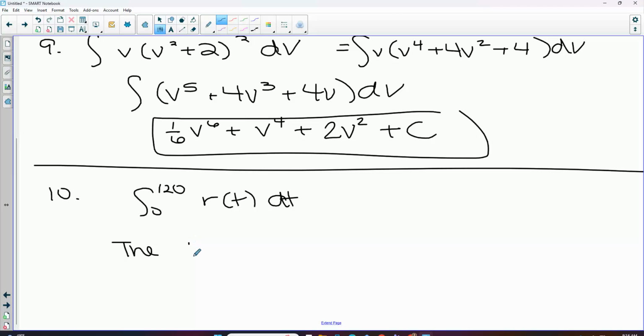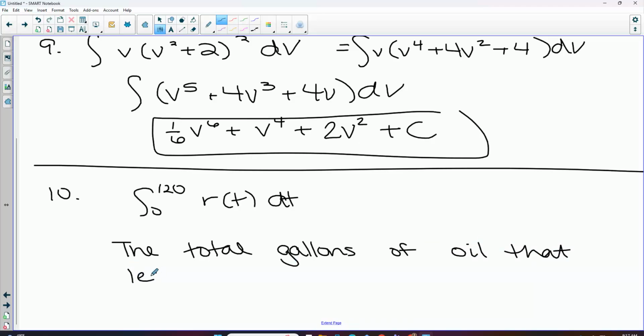Yes. Total gallons of oil that leaked. What do the 0 and the 120 represent?